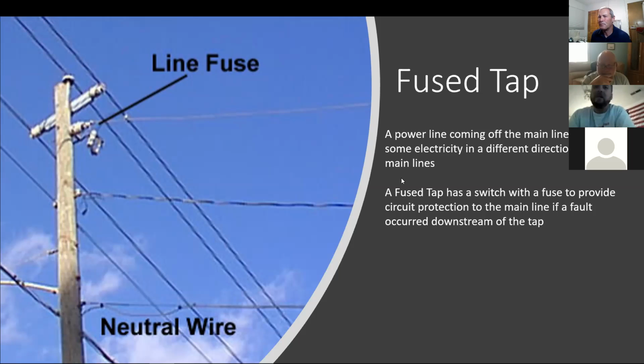Right. Robbie, you check this picture out. Have you been looking at this picture? Yes. So I've got the line fuse tap. Here's my primary tap coming off here. Secondary off here. Look at what they're calling the neutral wire.